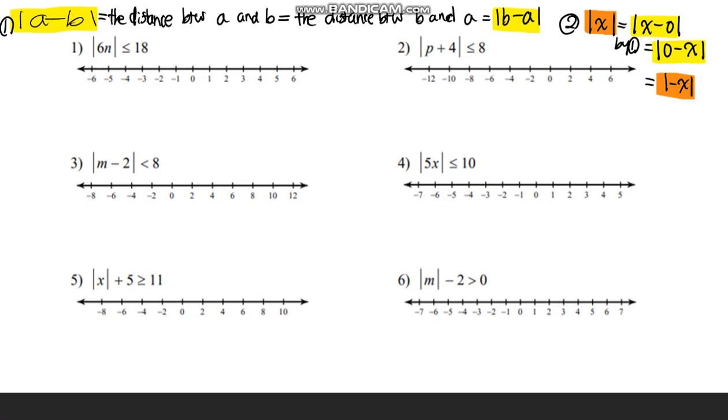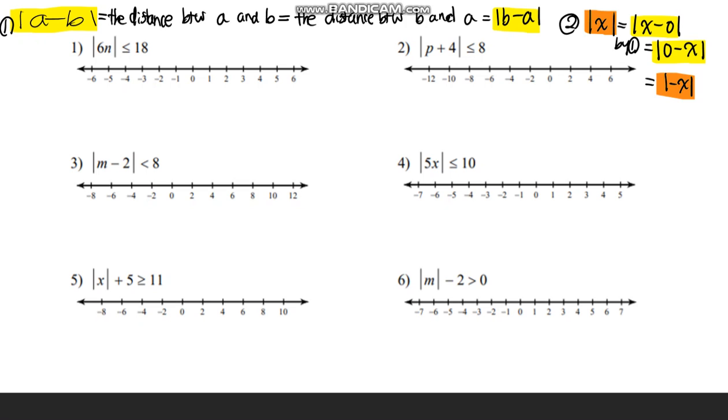So now, number one. You have 6n here. That means absolute value of 6n is less than or equal to 18. Now we'll have another number line here. Let me give you a tip.